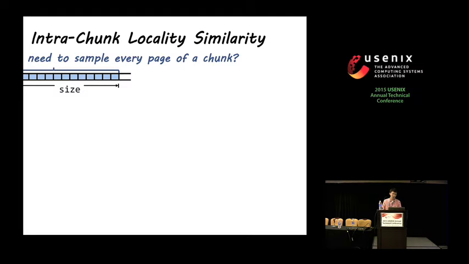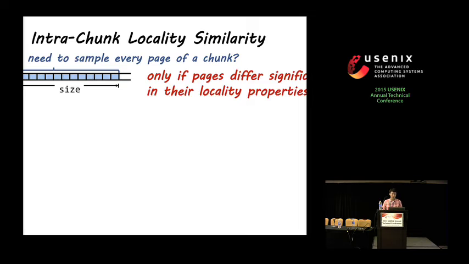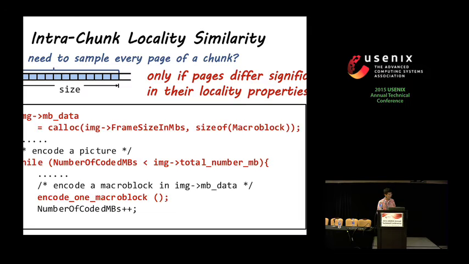So here, for a chunk containing many pages, do we need to sample every page of the chunk? The answer is only if the pages differ significantly in their locality properties. Here's a code segment taken from the video encoding programs.